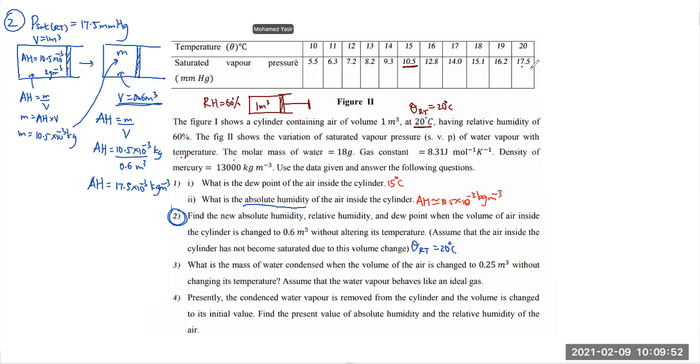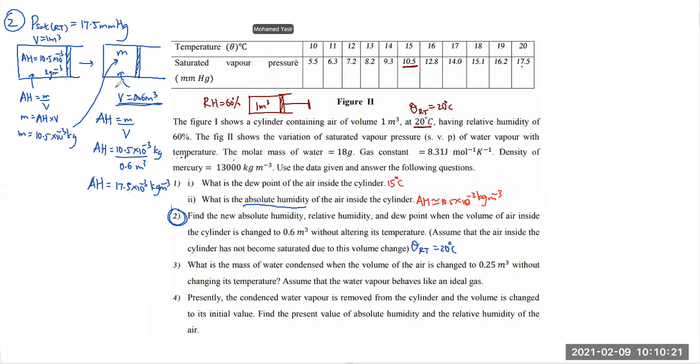So look at the value here, 17.5. Oh no, that is absolute humidity. Sorry. Now we have to go for pressure. If you find pressure, will it be more or less the same value? Yeah, we have found the absolute humidity now. Done. That part is done. Now let's go to the next point. That is relative humidity. We need to find the relative humidity.